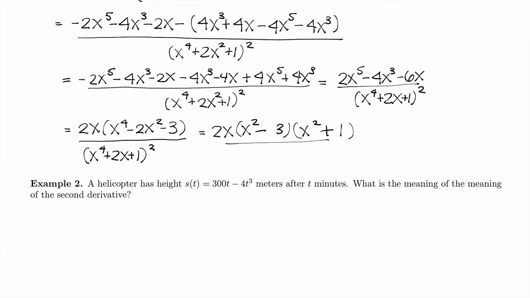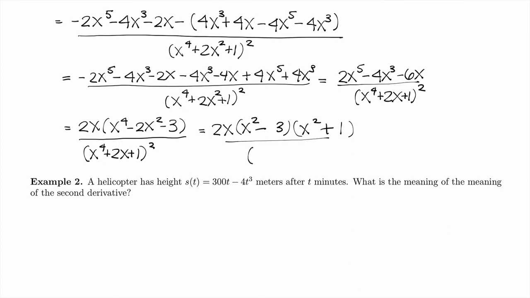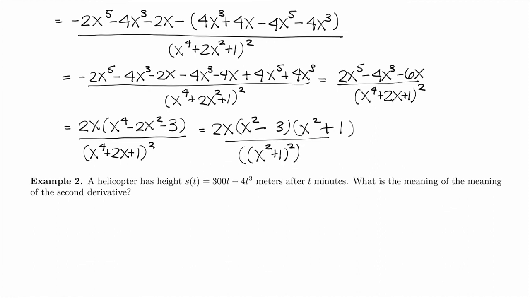But if you remember, x to the 4th plus 2x plus 1, we can factor that. So really, this is x squared plus 1 squared, and then squared again. So this is the same thing as 2x times x squared minus 3 times x squared plus 1 divided by x squared plus 1 to the 4th.